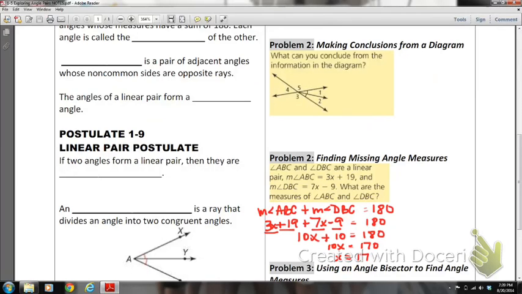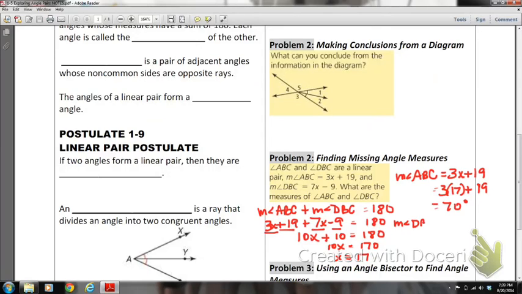The question's asking for the measure of angle ABC and angle DBC. The measure of angle ABC is 3x plus 19. Substitute the 17 in for x, and you're going to get the measure of angle ABC is 70 degrees.